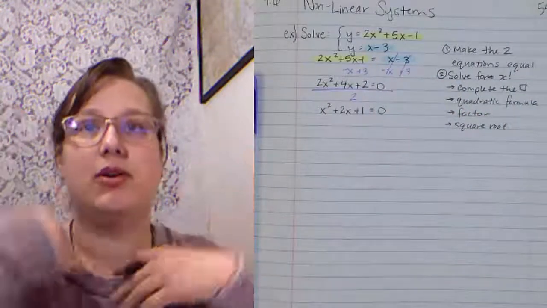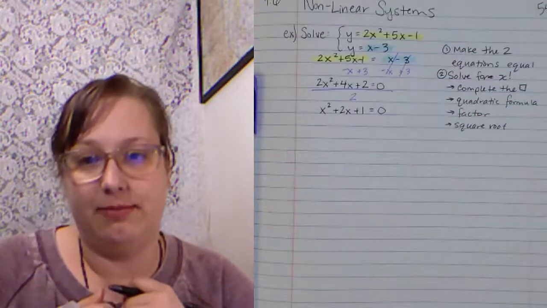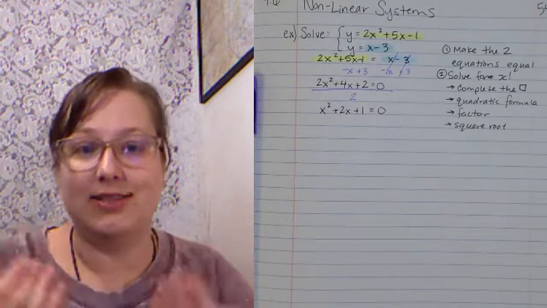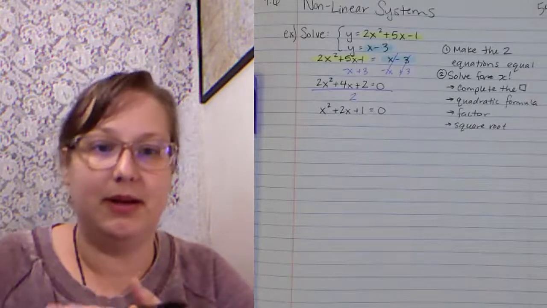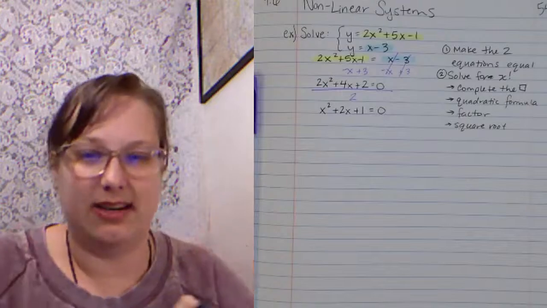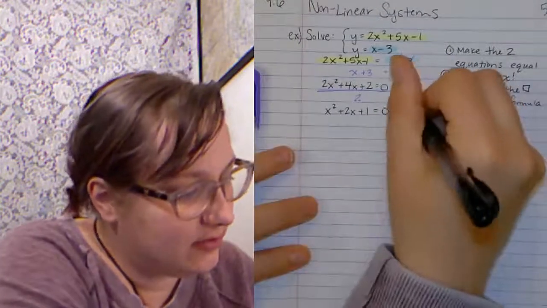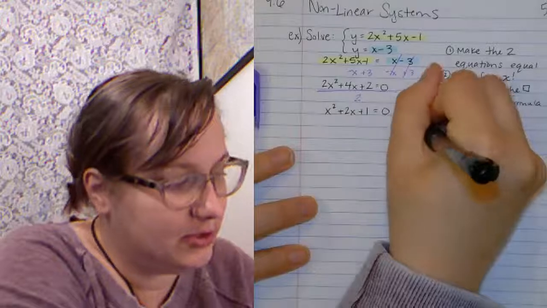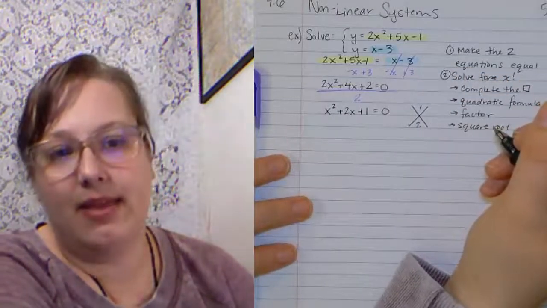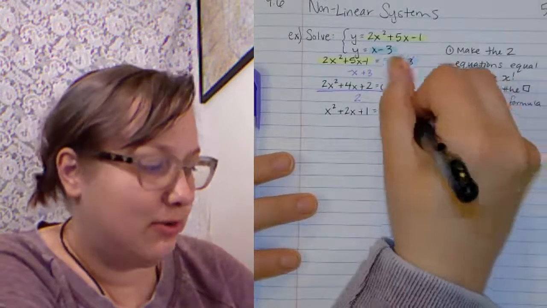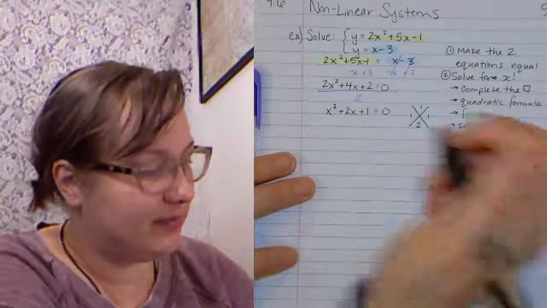Now, my personal favorite method is factoring. If we were in class together, I would ask you which method you wanted me to do, but I just want to factor it because I just kind of feel like it. So I'm going to factor this by doing 1 on top and 2 on bottom, and then 1 times 1 makes 1 and 1 plus 1 makes 2. So that's pretty simple there.